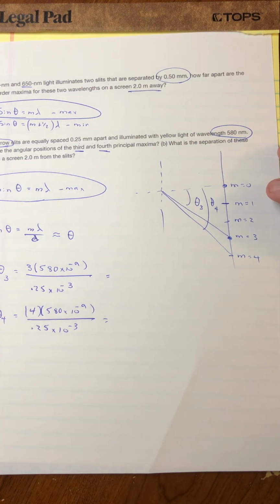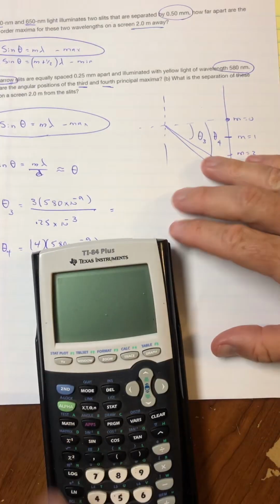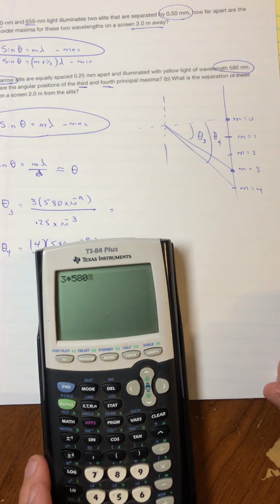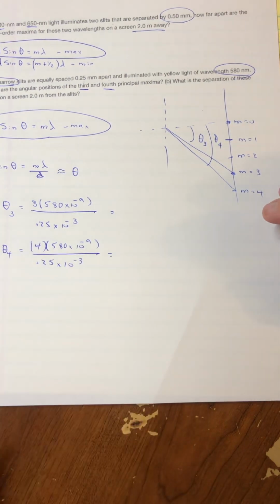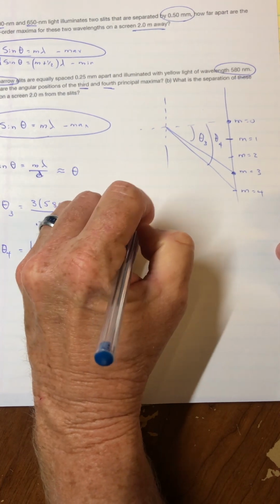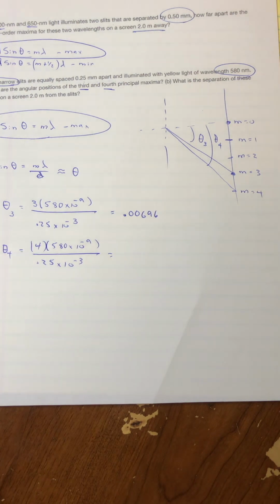All right, so grabbing my calculator here, this would be 3 times 580 nanometers divided by 1/4 of a millimeter, and in terms of radians, 0.00696.